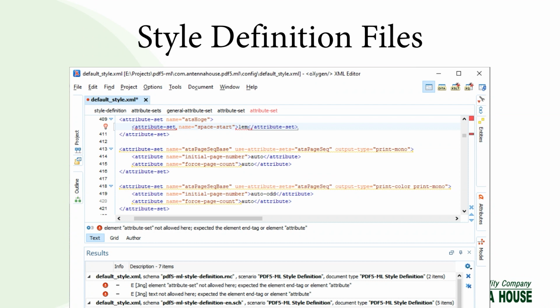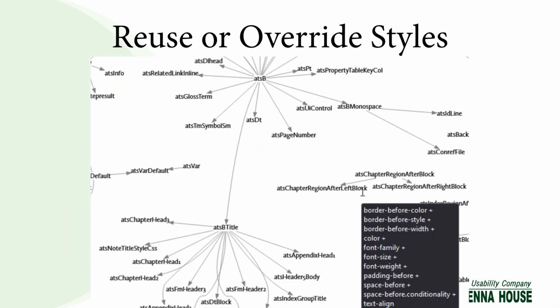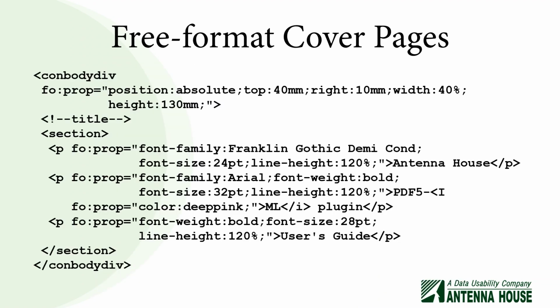So these merge like attribute sets, but are also specific to different output types, as in black and white printing, color printing, etc. You can reuse and override styles by reference to other style definition files, which all end up back at the base built-in default style definition file, which works out of the box.